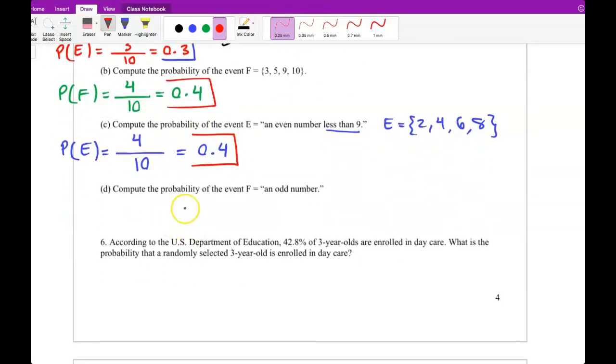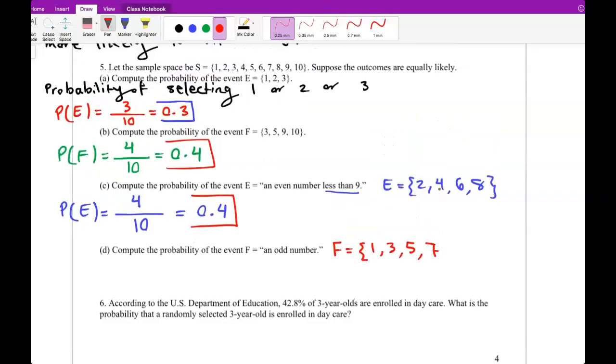Now part D, compute the probability of the event F, and here it is odd numbers. It's 1, 3, 5, 7, 9. We stop here because our sample space is only up to 10. I don't have 11, 13, so I'm not able to continue.